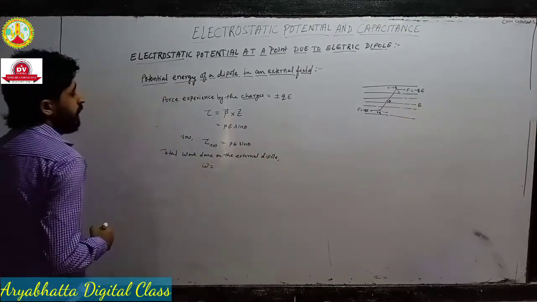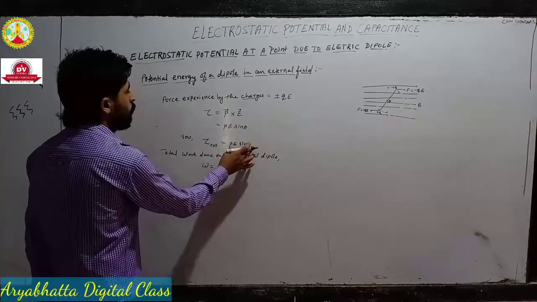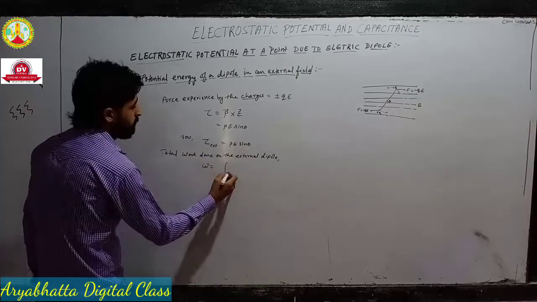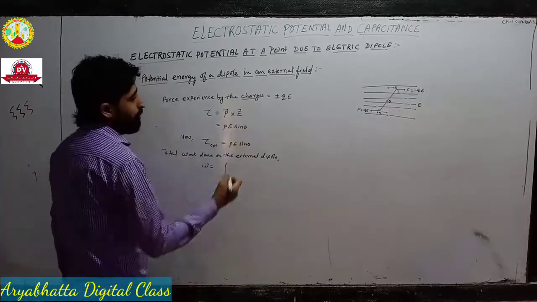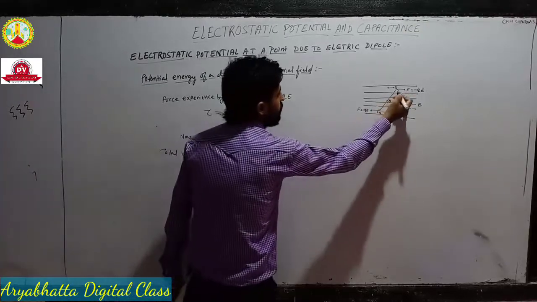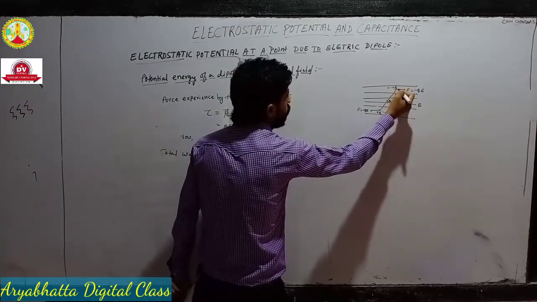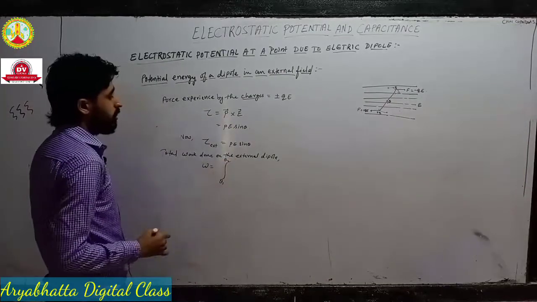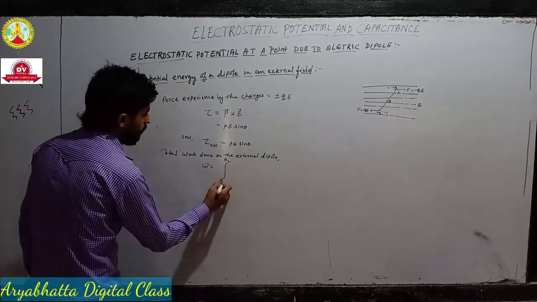W is equal to, if I need the total work done, I just need to integrate this, isn't it? What will be the limits here? Let's say this is theta 1 and this is theta 2, or I can just take theta naught, that is much better.